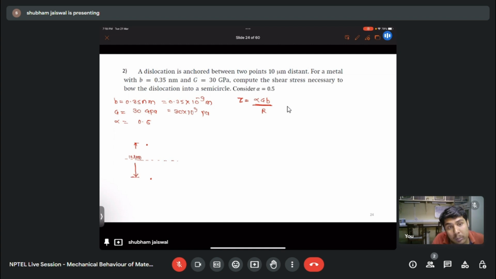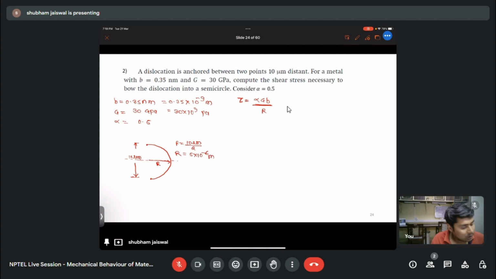And the dislocation is bowed in the form of a semicircle. So if this is the radius, we have been given the distance between 2 points, and that is nothing but the diameter. So we need the radius. So R will be equal to 10 micrometer by 2. It comes out to be 5 into 10 to the power minus 6 meter.